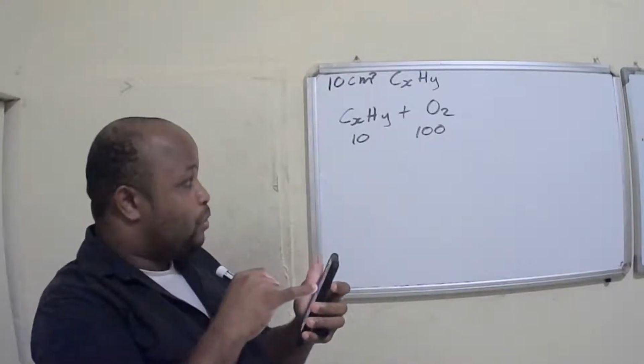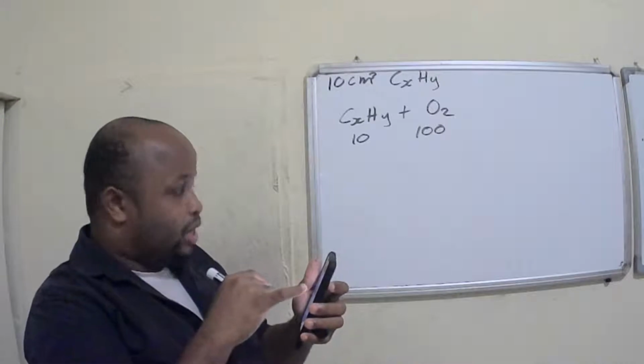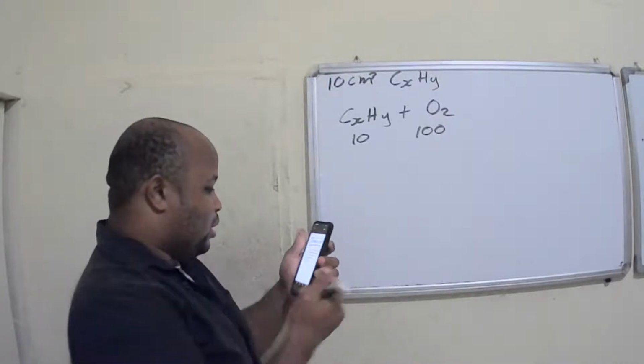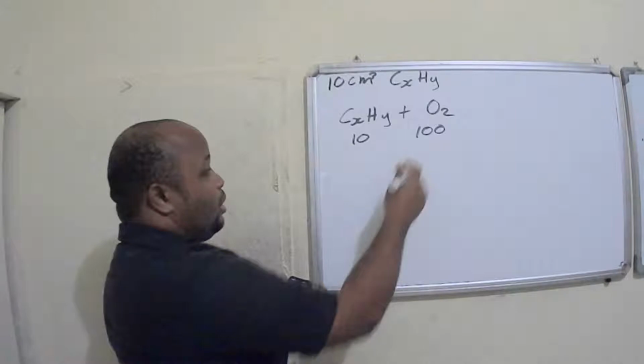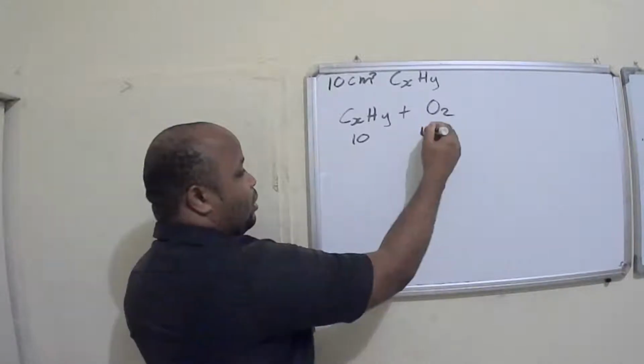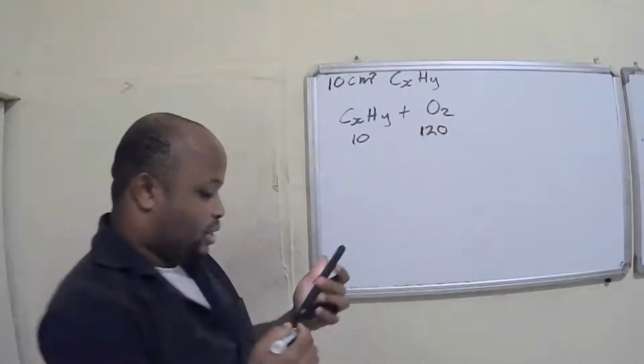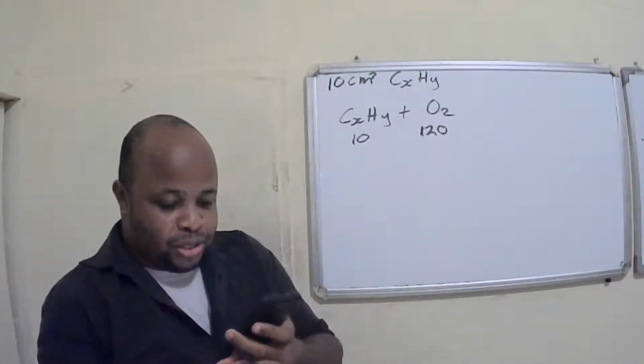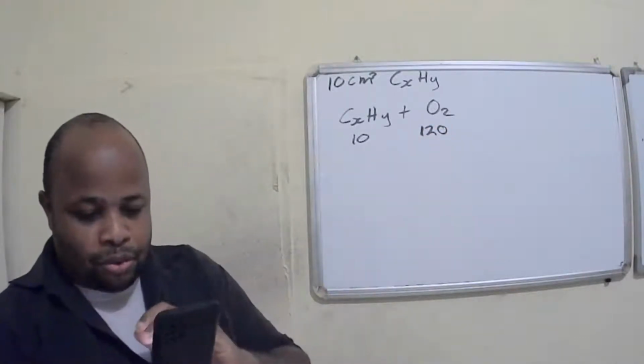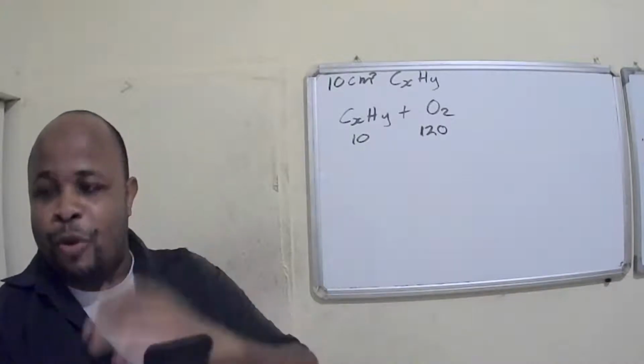The 60 cm cube that is remaining, remember we start out with 120 oxygen.